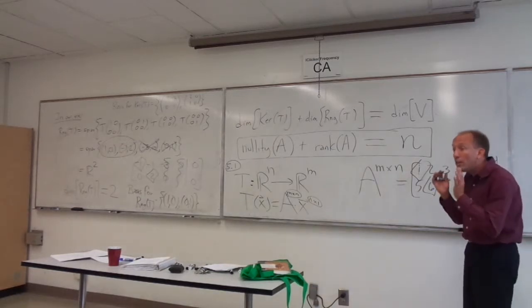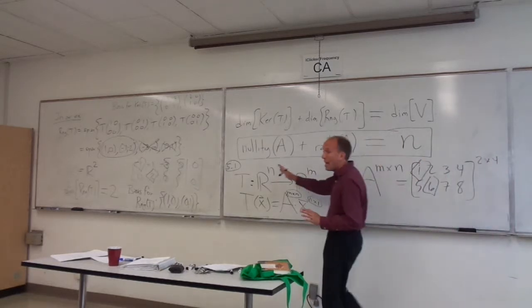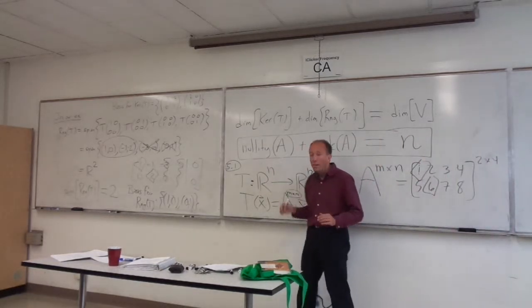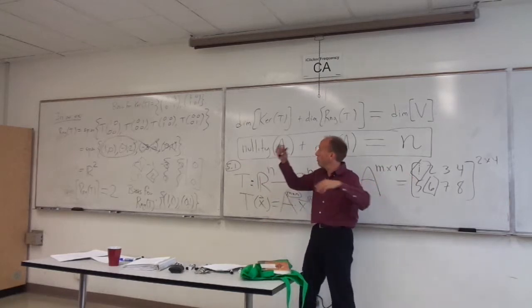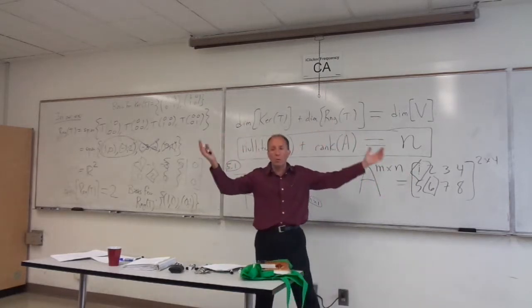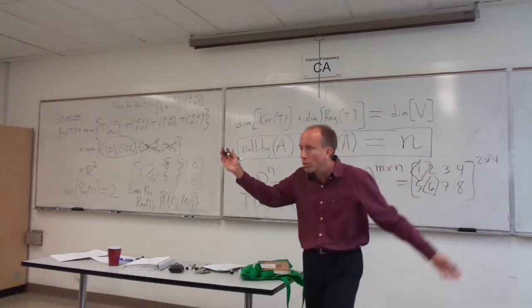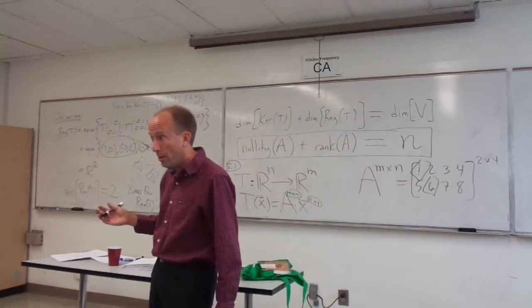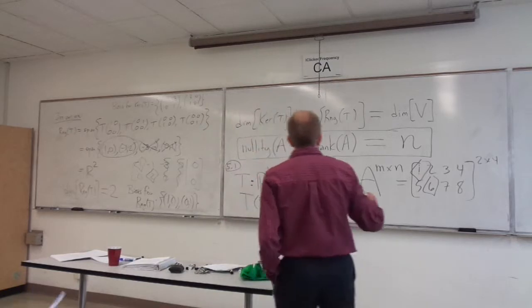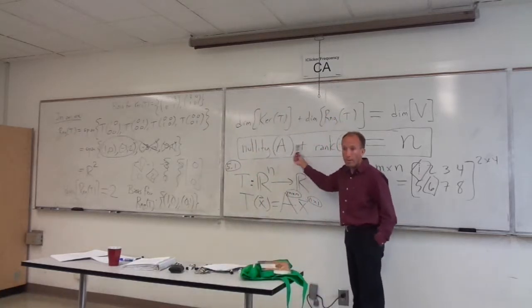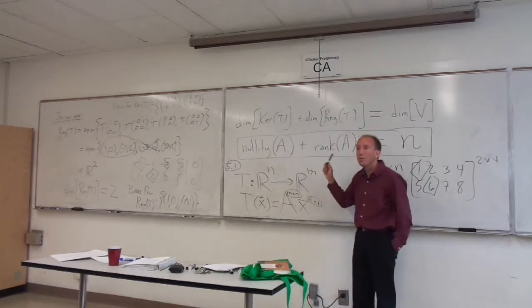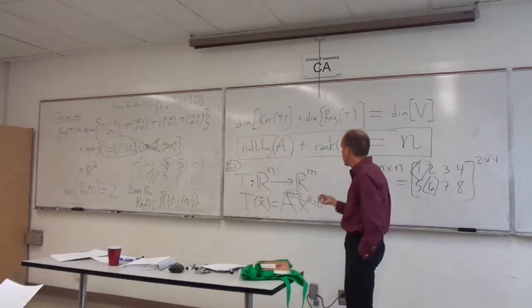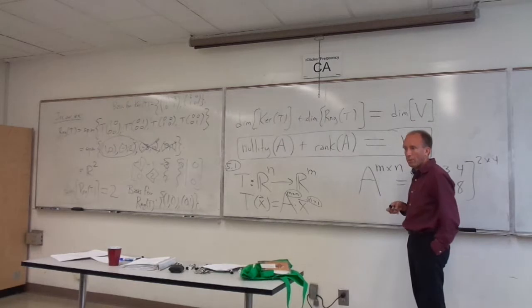That's just if it's a transformation from Rn to Rm that we can make this matrix association. I can also do transformations that have polynomials in them, or calculus functions, or some other kinds of vectors. And in that case, I'm not trying to associate a matrix with it. But if we're talking about transformations from Rn to Rm, then there's always a matrix that can be associated with it.